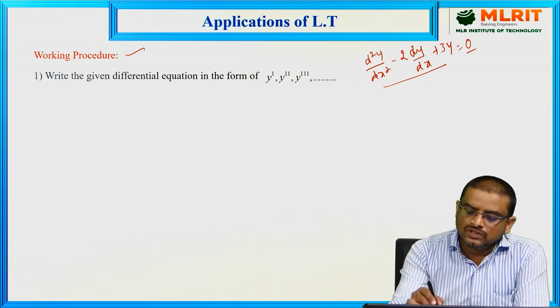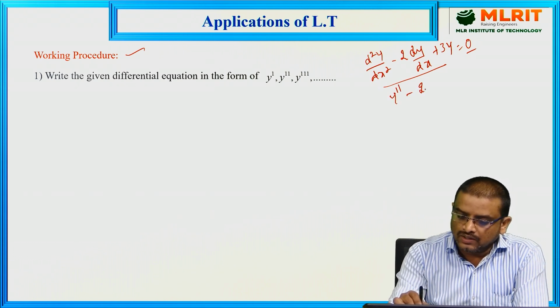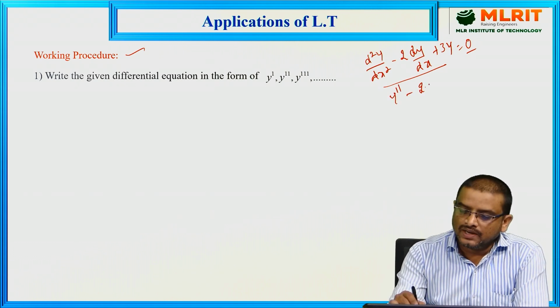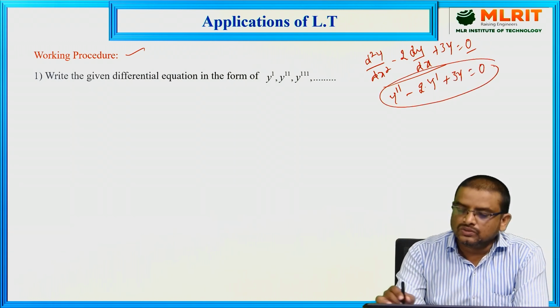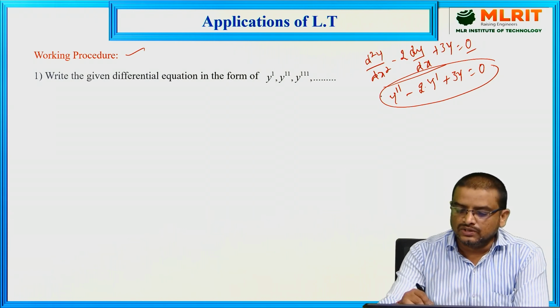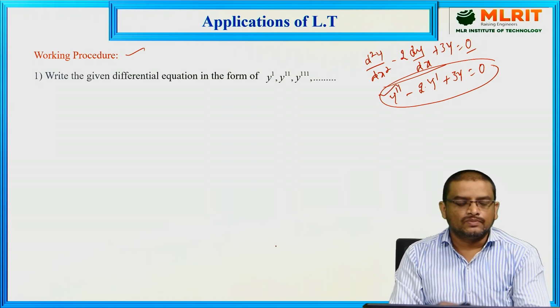So d square y by dx square can be written as y double dash, minus 2 into dy by dx, which we take as y dash, plus 3 into y is equal to 0. So we have to convert the given differential equation into this standard form. That is the first point we have to remember.